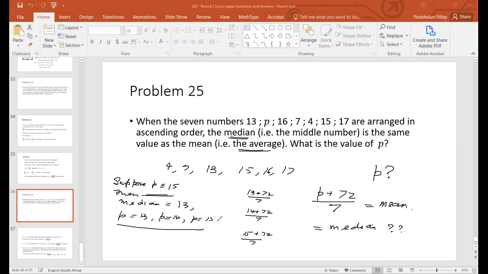So these medians don't work. Therefore, P must be greater than or equal to 15. So P is somewhere here.